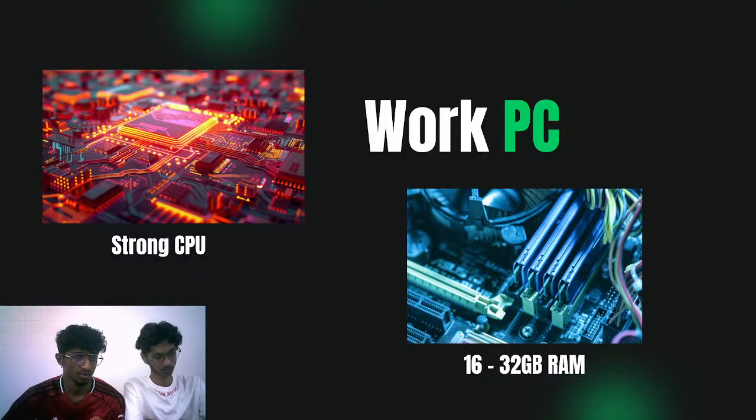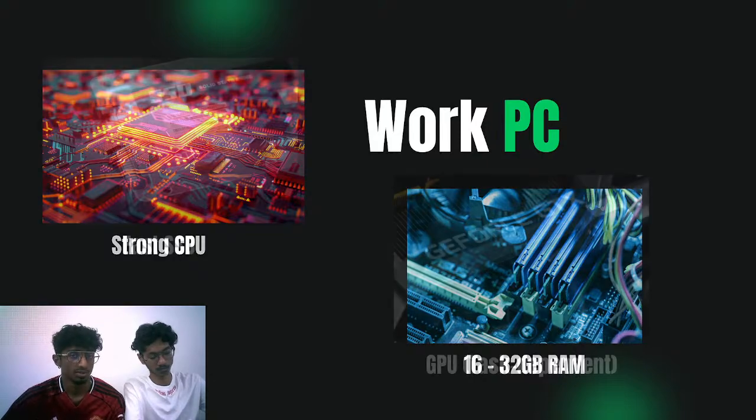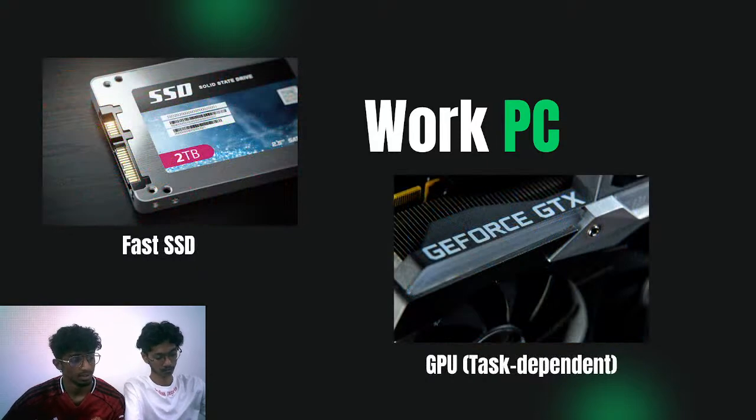More RAM allows you to run multiple applications at the same time without slowdowns, making your workflow much smoother and more efficient. Next, moving on to the storage, which is another critical factor for work PCs.